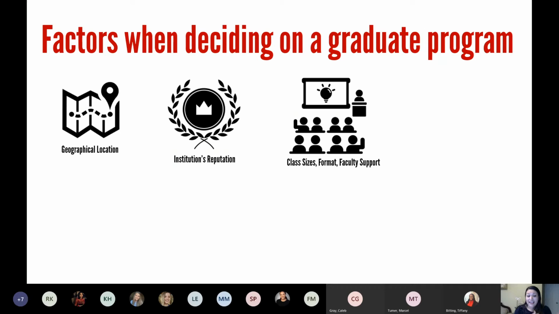Another one could be the class size, format, and faculty support. You could argue that these could be three separate ones, but I went ahead and lumped them together because in essence, it is what the format is like. So maybe you could be really motivated by having small class sizes because you want that one-on-one support with the faculty members who are a part of your program, or maybe you like the small class sizes so that you can have a cohort of people who you can depend on for support, ask for assistance throughout the program, and you can depend on one another.